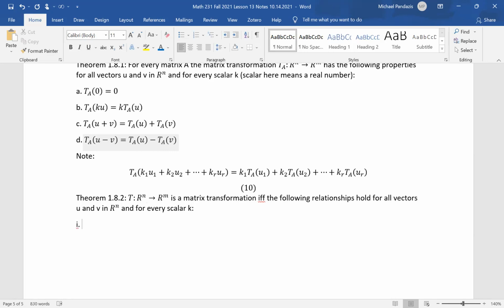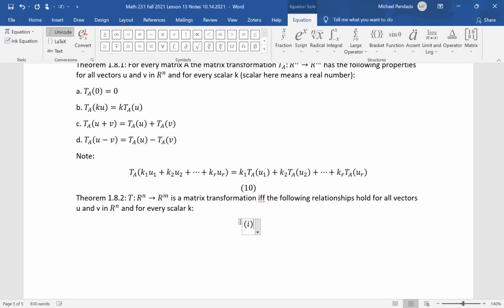Property one is that T of u plus v is equal to T of u plus T of v.